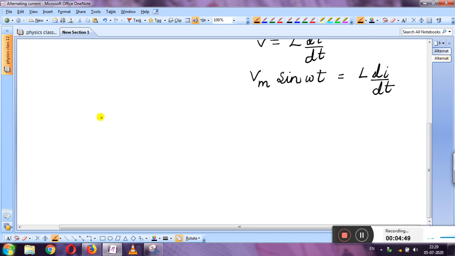The value of di will be equal to Vm upon L sine omega t dt. After this I will integrate both sides.